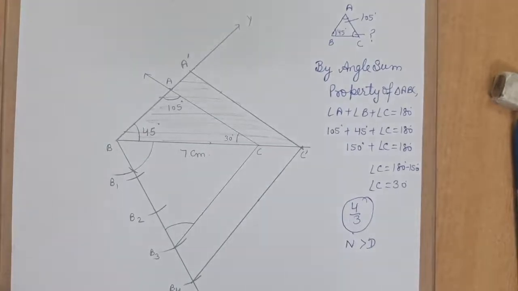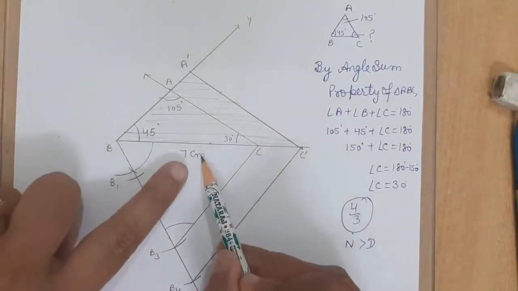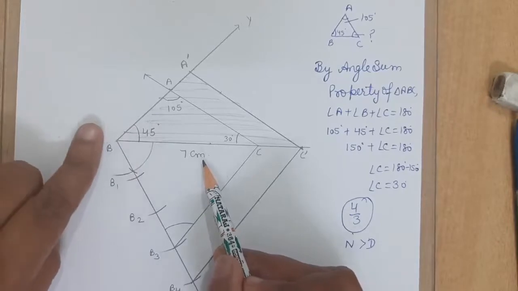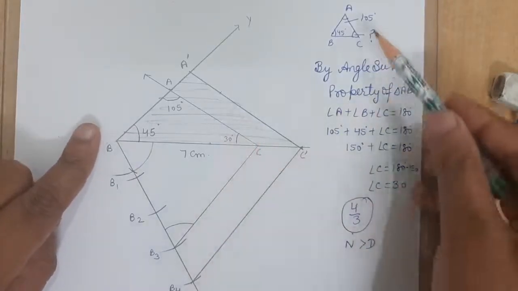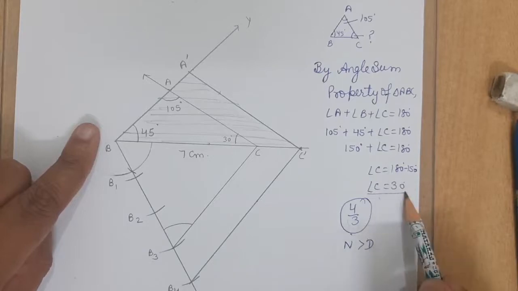Yes dear students, I am repeating it. What have we done? We have drawn BC equal to 7 centimeter. Taking B as center, we have drawn an angle of 45 degree. Now for drawing the angle at point C, we have found this angle by using the angle sum property of triangle. From here we get angle C equal to 30 degree.